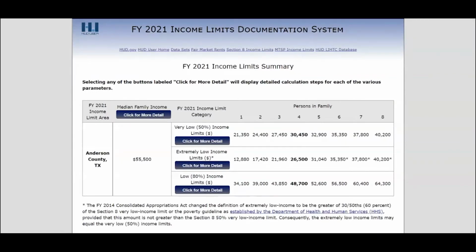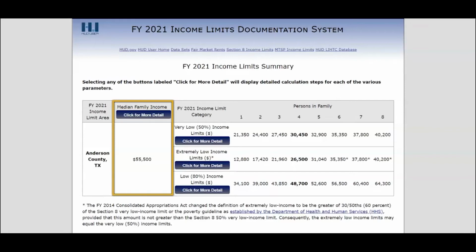In the second column, you will see the median family income for a 4-person household. Note the median income shown is always for a 4-person household. For our example, we see a median income of $55,500 for a 4-person household. 120% of the median income is 1.2 multiplied by the median income.